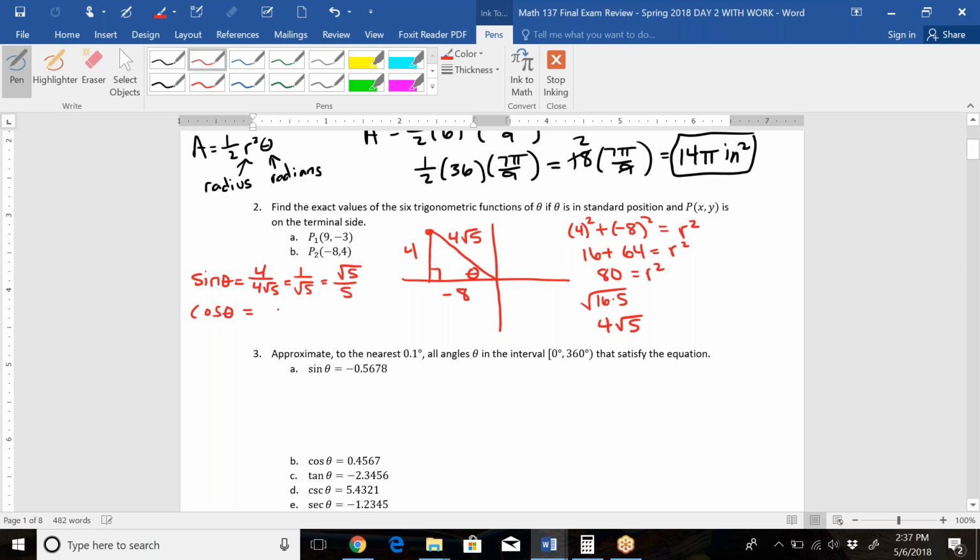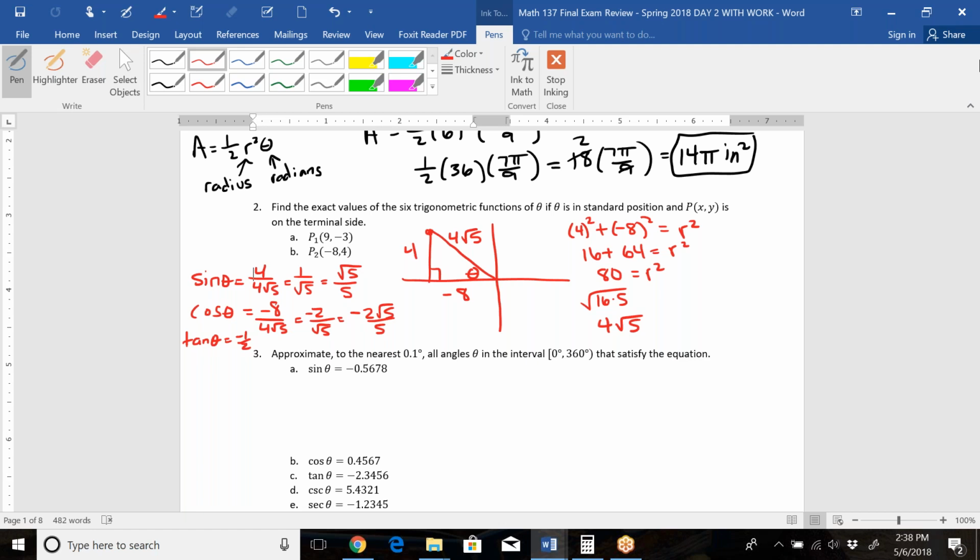Cosine of theta is adjacent over hypotenuse, so -8 over 4 square root of 5, which is -2 over square root of 5, which is going to be -2 square root of 5 over 5. The tangent of that theta is opposite over adjacent, so that's going to be -4 over 8, or -1/2.